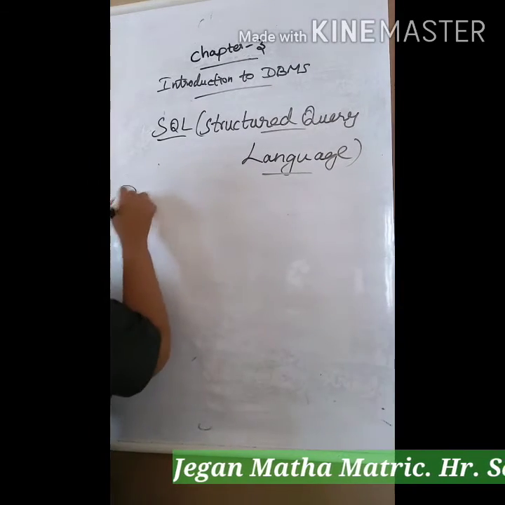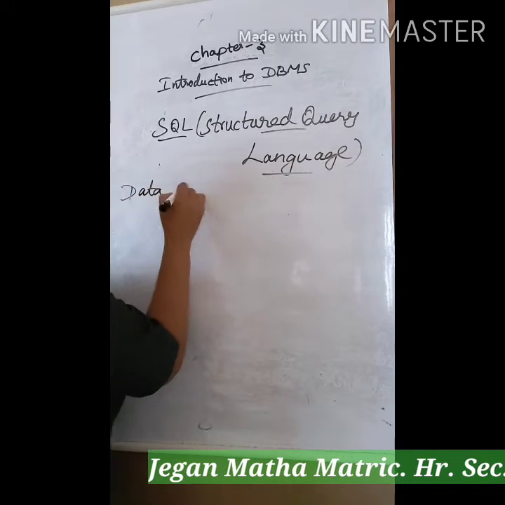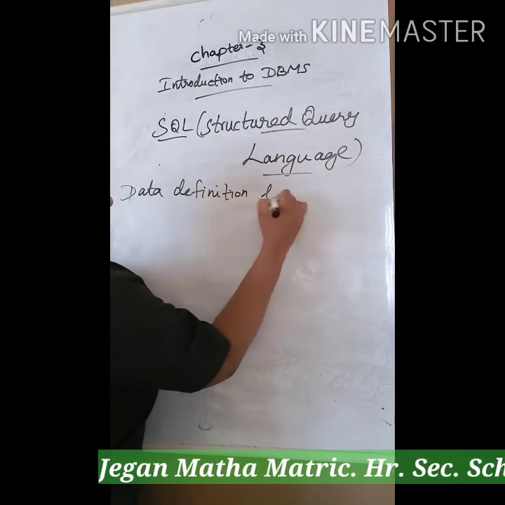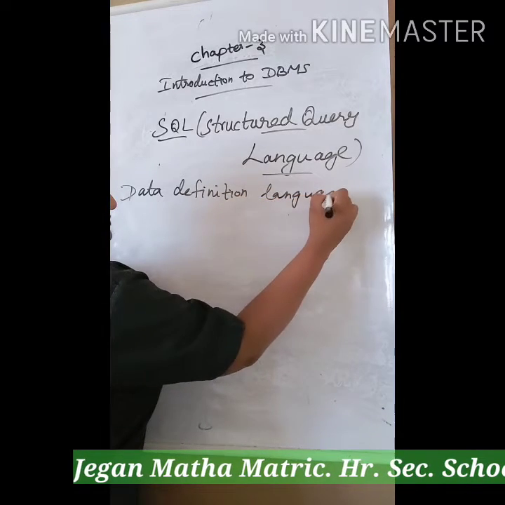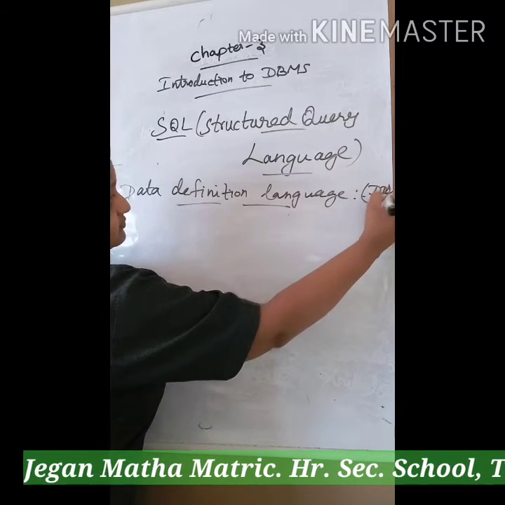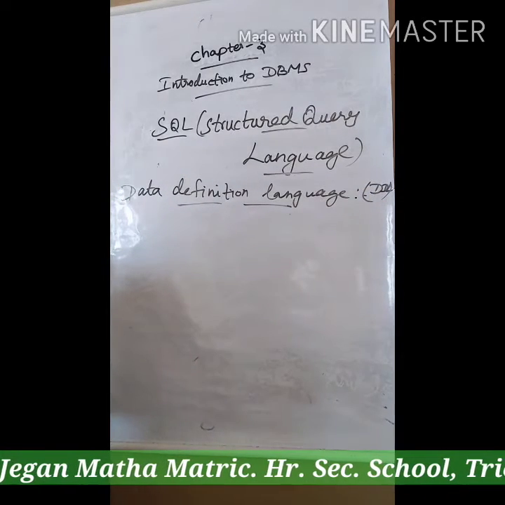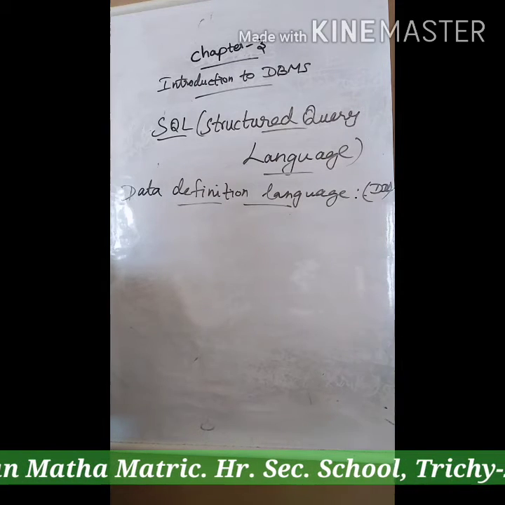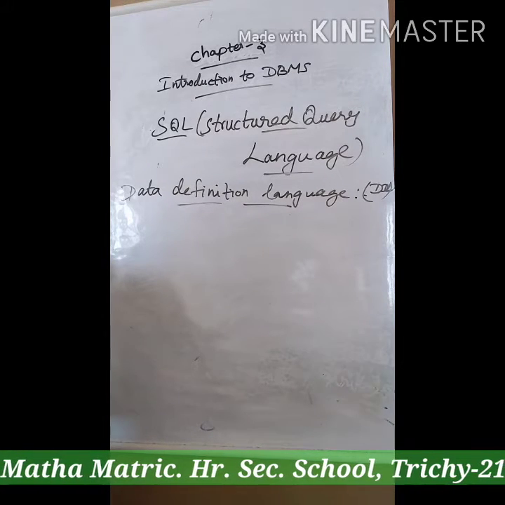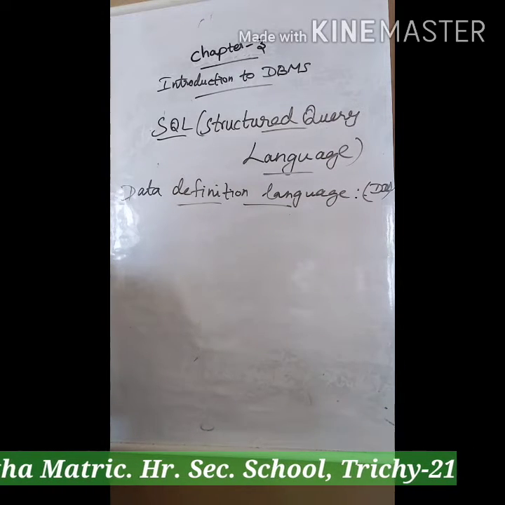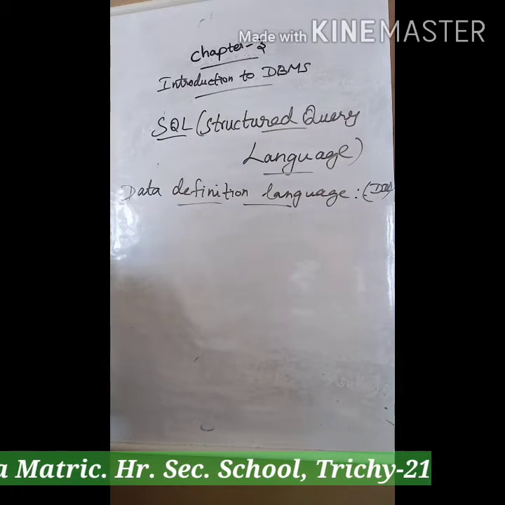The first one is DDL, that is data definition language. This command is used to define a database schema. Already we know that schema means structure. It is also used to create and modify the structure of databases.